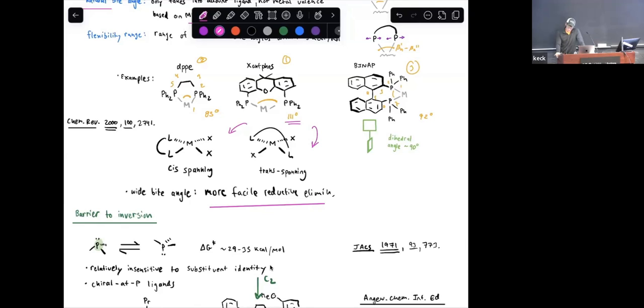So wide bite angle ligands can be useful in accelerating reductive elimination through this phenomenon of squeezing out. So to the extent that reductive elimination is one of a relatively large number of elementary steps that we care about, if I told you wide bite angle was good for that step, then what step would narrow bite angle be good for?